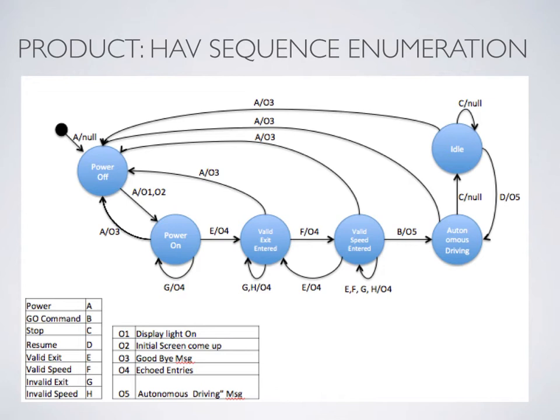But also, once we input a valid exit and a valid speed for the vehicle, the system is ready to do autonomous driving. And the user will have the option of putting the system in some sort of idle mode, or cancel or stop the process and bring that to power off again.